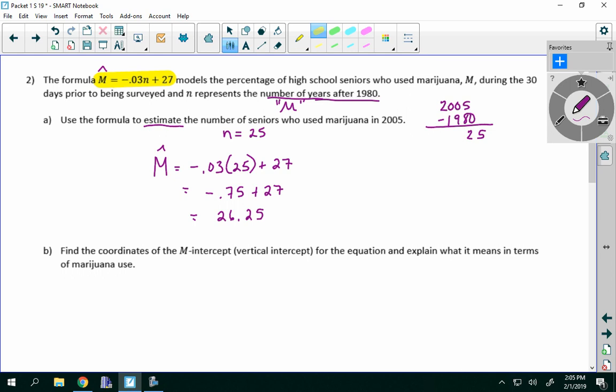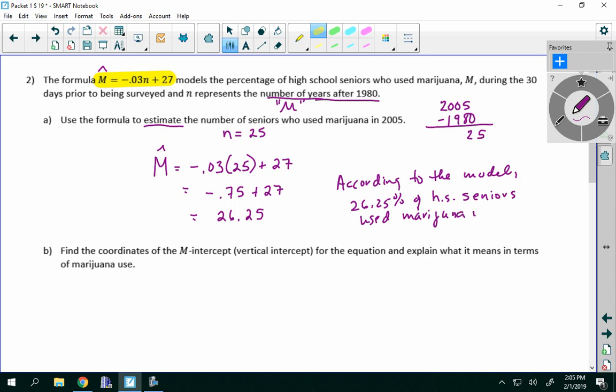So according to the model, 26.25% of high school seniors used marijuana in the year 2005.